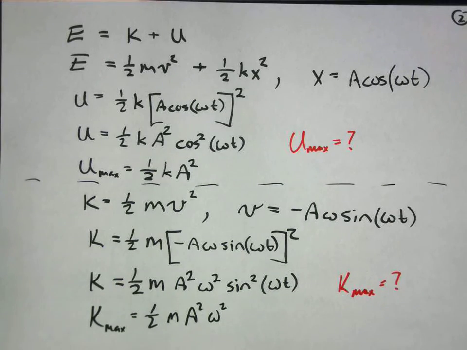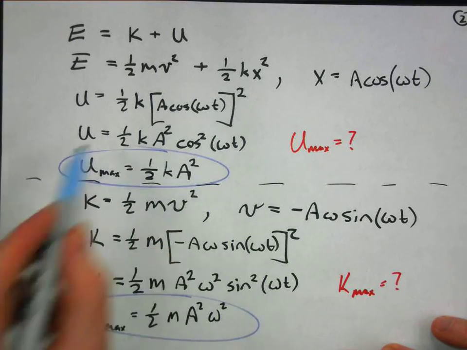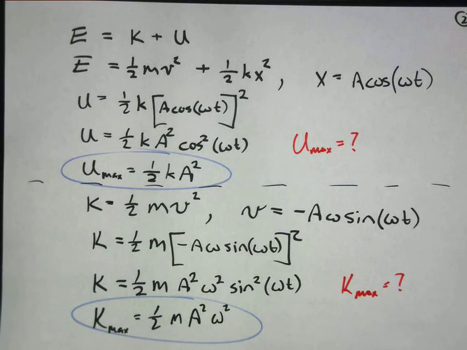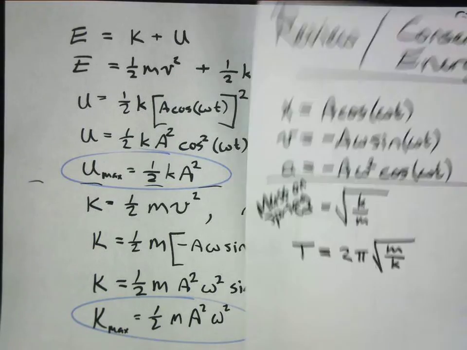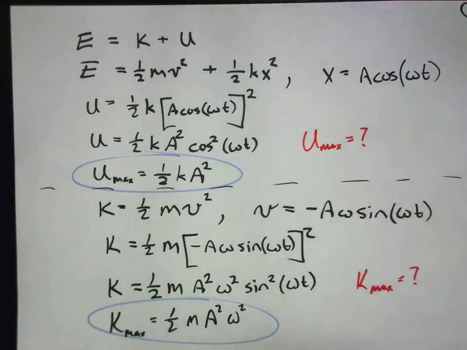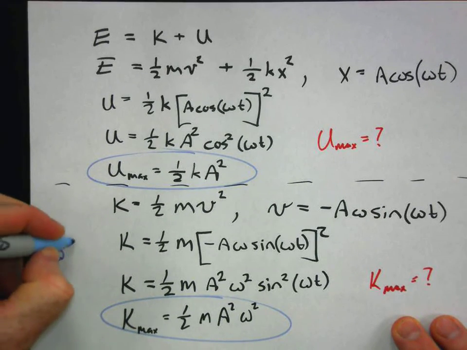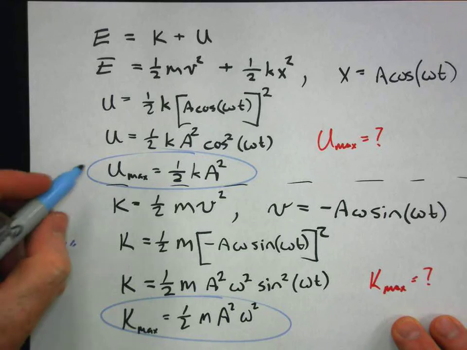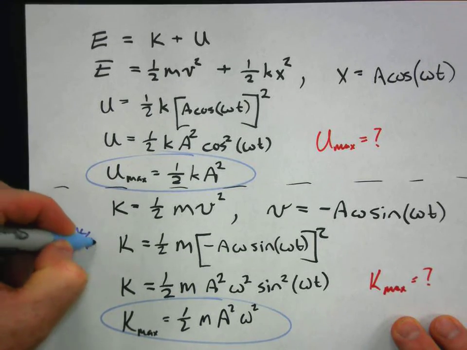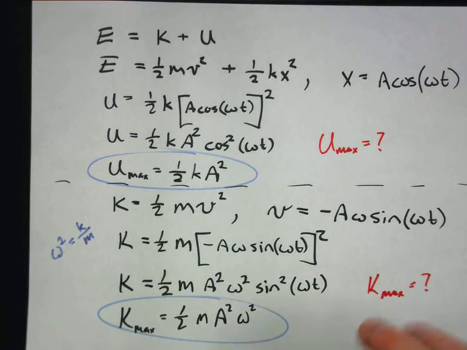And if you were to work through this, you would see that that value and that value turned out to be equivalent. Okay, and that's because of this neat relationship here. Because of, I'll write it this way, omega squared is equal to k over m. That's what makes these two equivalent.